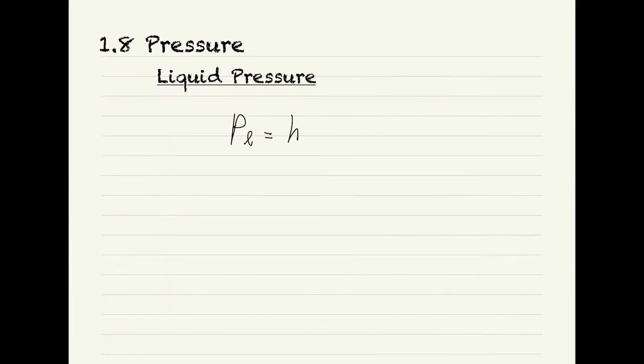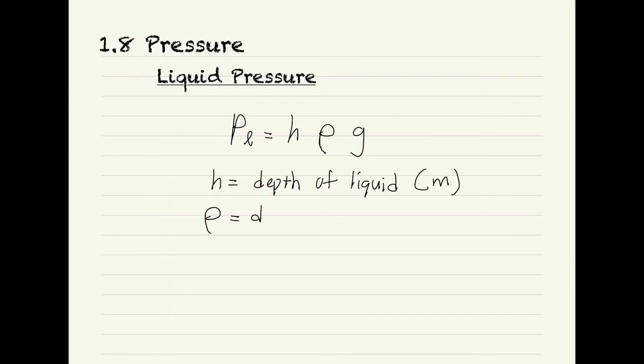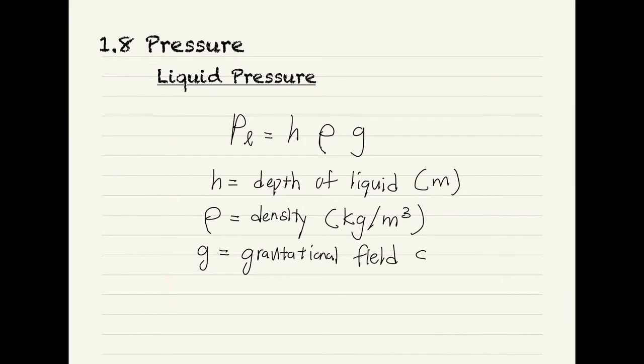PL equals h rho g. h is depth of liquid. Unit is meter. Rho is density. Unit is kg per meter cube. g is gravitational field strength.